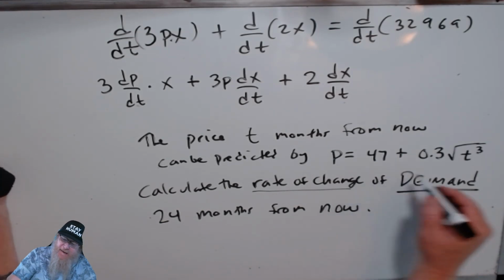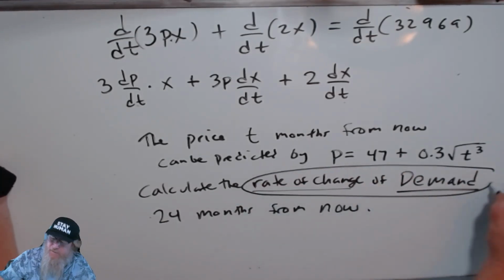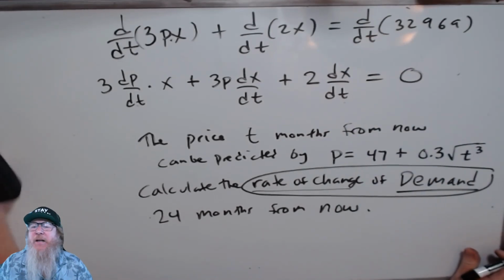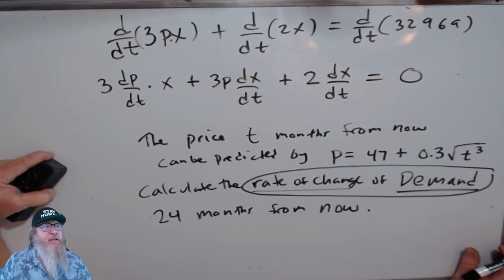The question is asking us for the rate of change of demand. Oh, I forgot to finish this. The right-hand side's 0. I paused for a second, forgot to do that. So that's equal to 0.